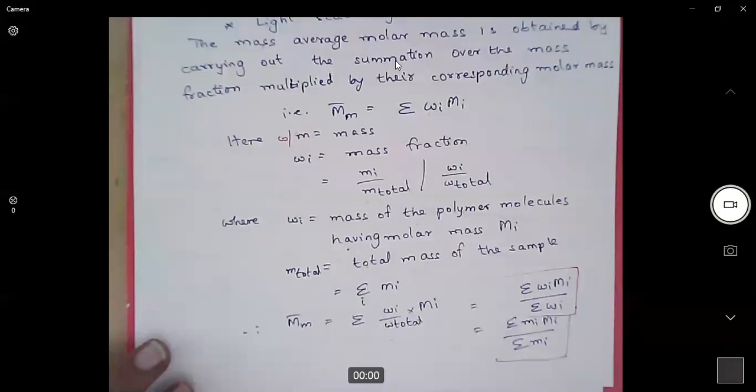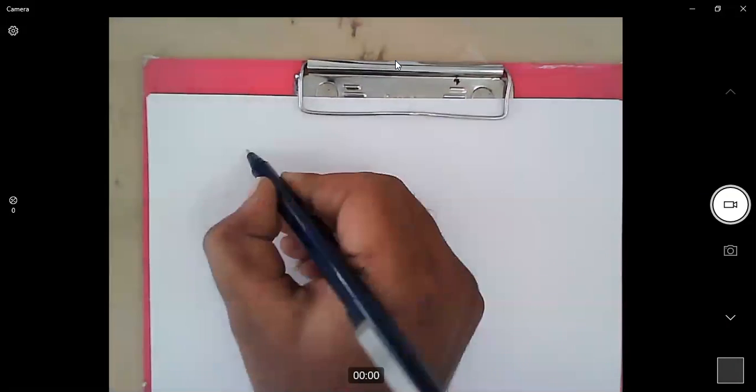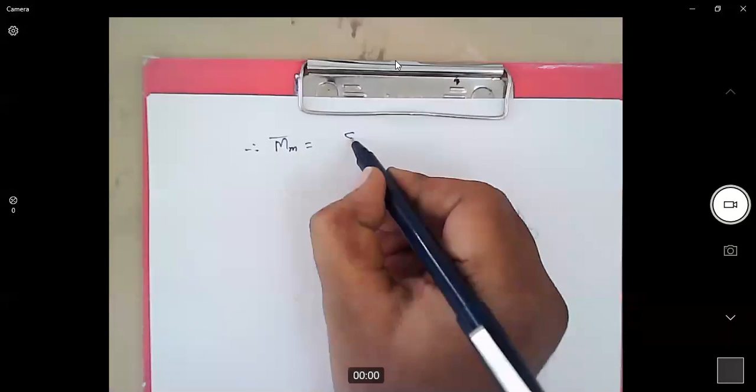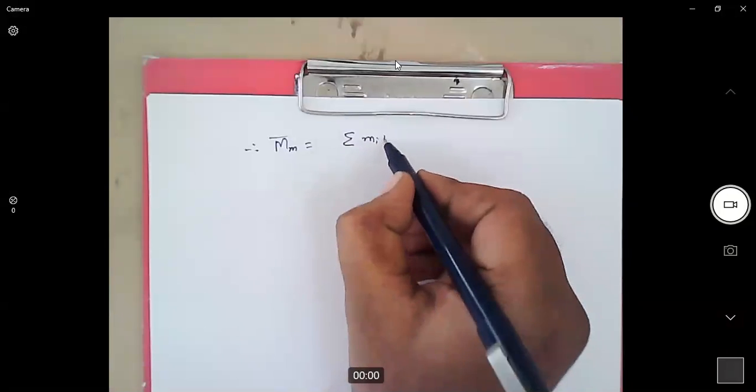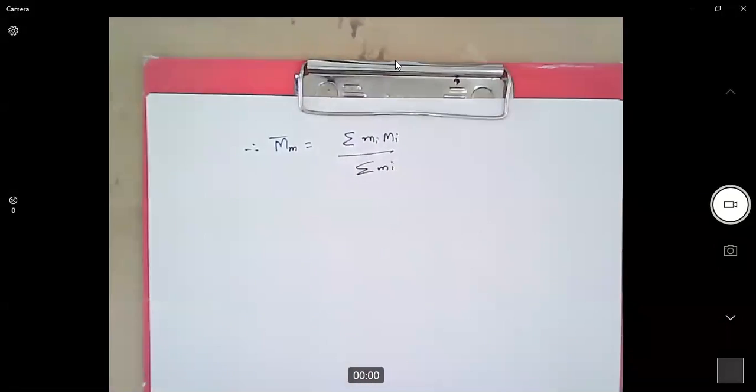Some books have written W, some books have written m. So to avoid confusion, I am giving both the notations. Therefore, mass average molar mass is equal to sigma mi Mi by sigma mi.